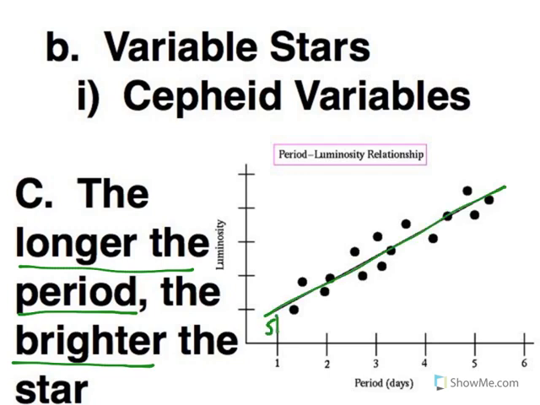So here we've got stars that are a short period and faint. Here we have stars that are a long period and bright.